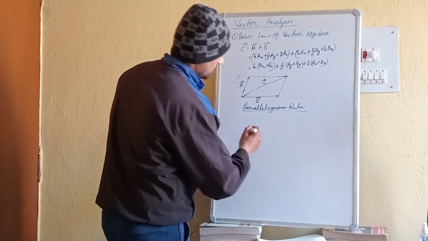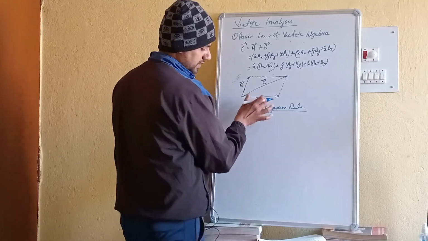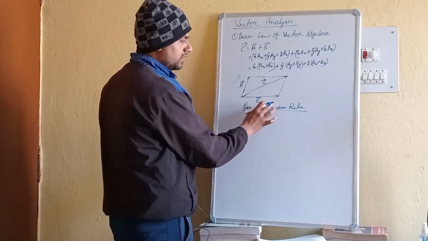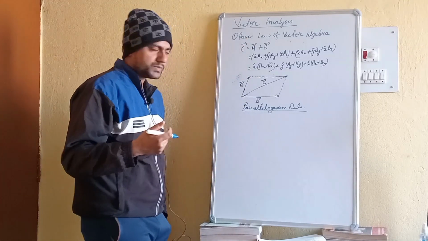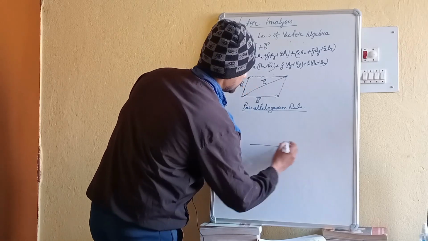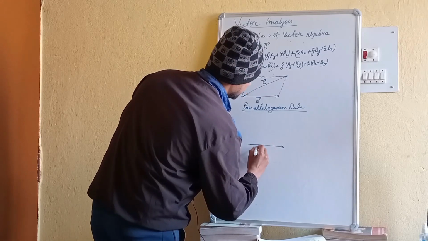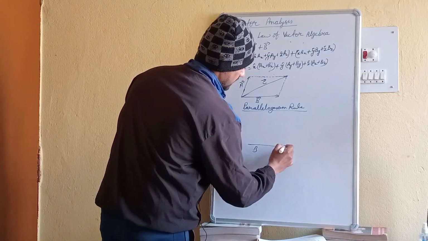And the second rule is the head to tail rule. It means you simply shift vector A to the head of vector B, and then use the third vector which joins them. Let me draw this one. This is vector B, this is the head, and this is the tail.